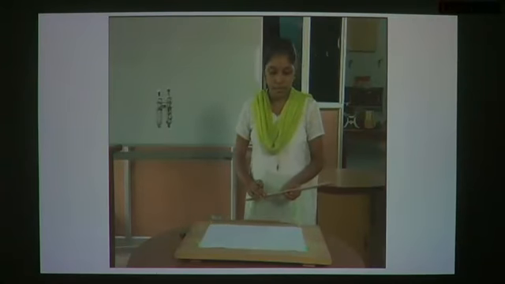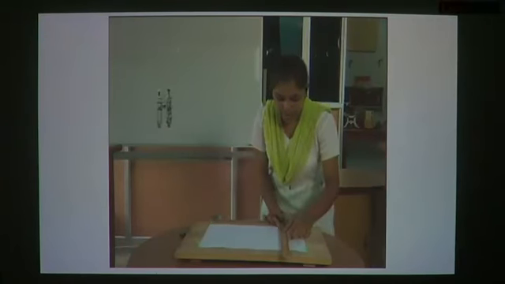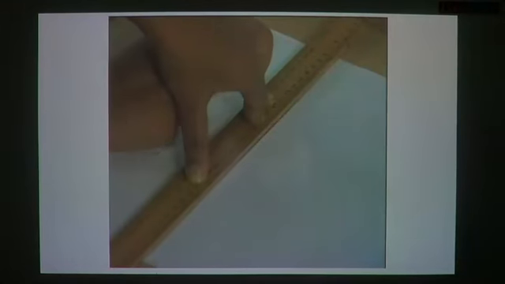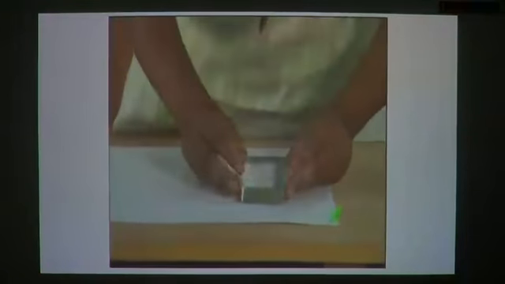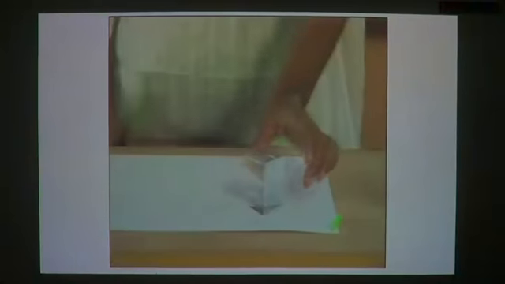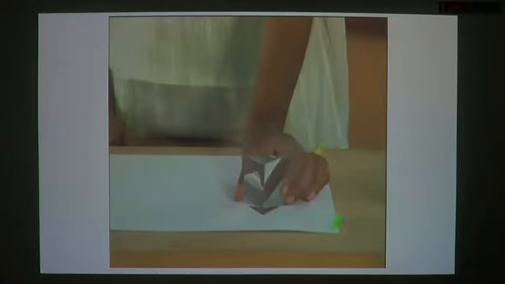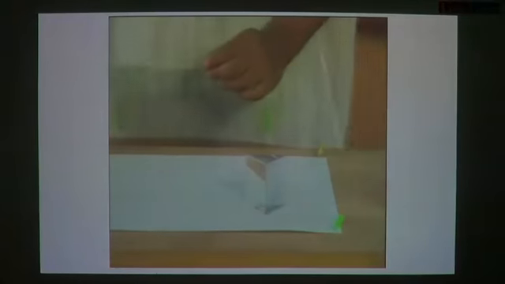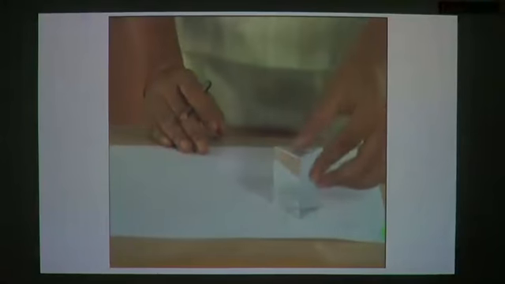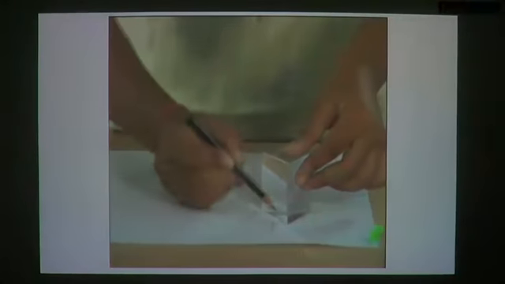For measuring the angle of the prism, draw 2 parallel lines. Put the prism on the 2 parallel lines such that the base is above the 2 parallel lines. Then draw the outlines of the prism.